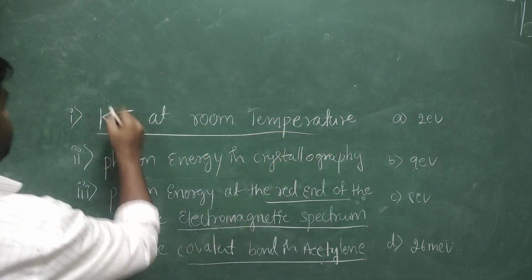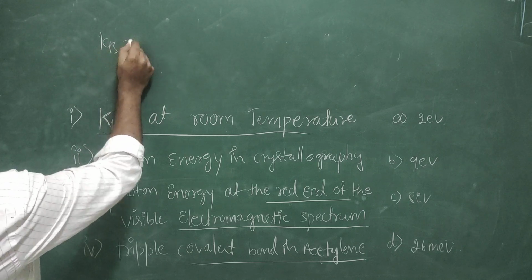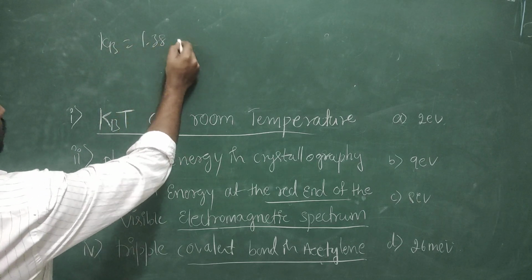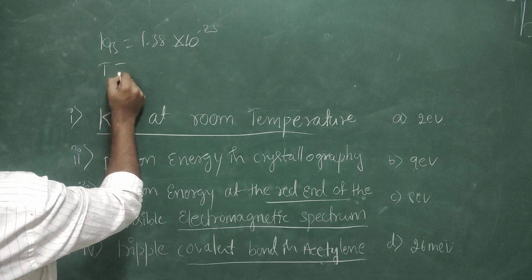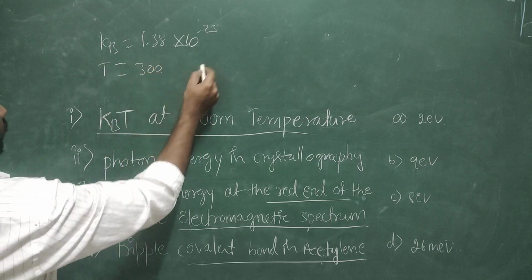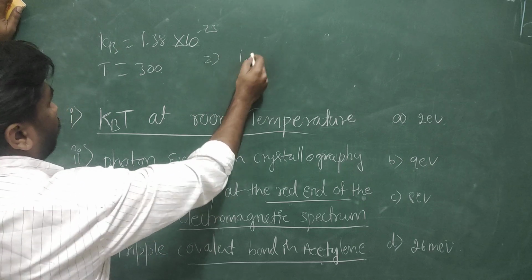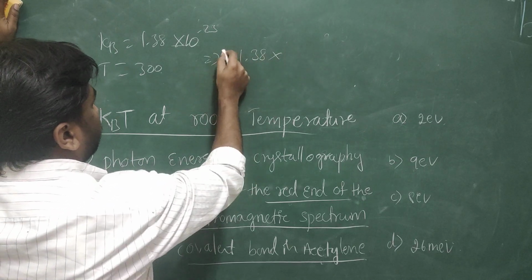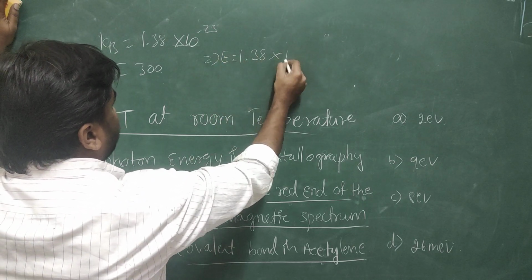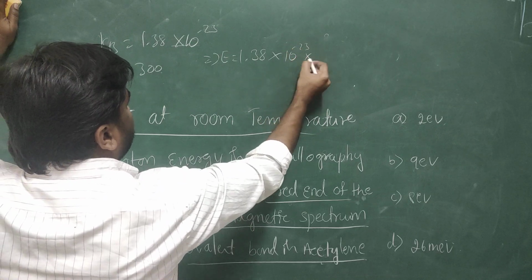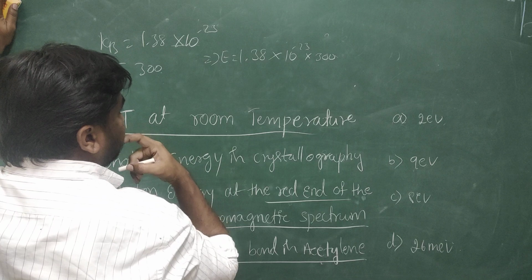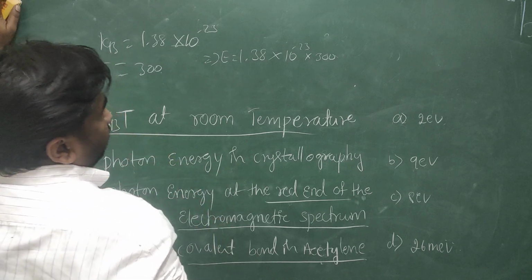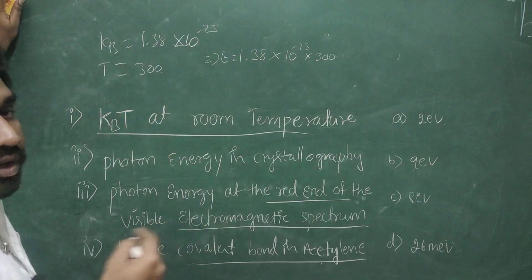kBT at room temperature: kB is 1.38 into 10 to the power of minus 23, and T is 300. If you take this 1.38 into 10 to the power of minus 23 and 300, we get the answer in terms of electron volt.